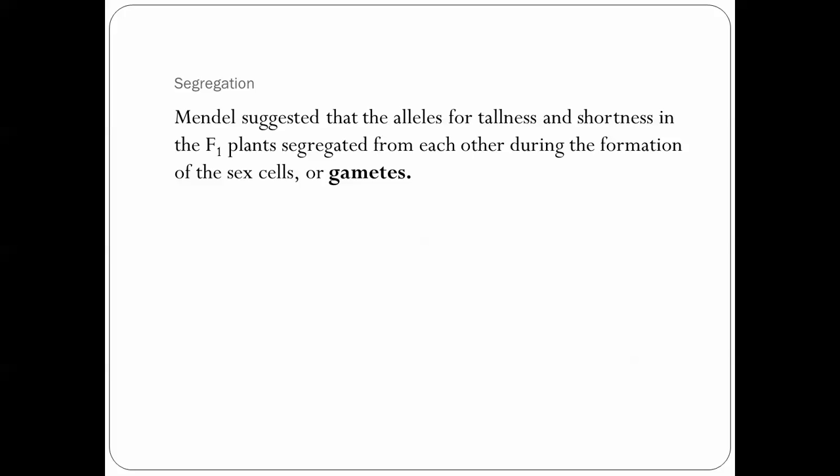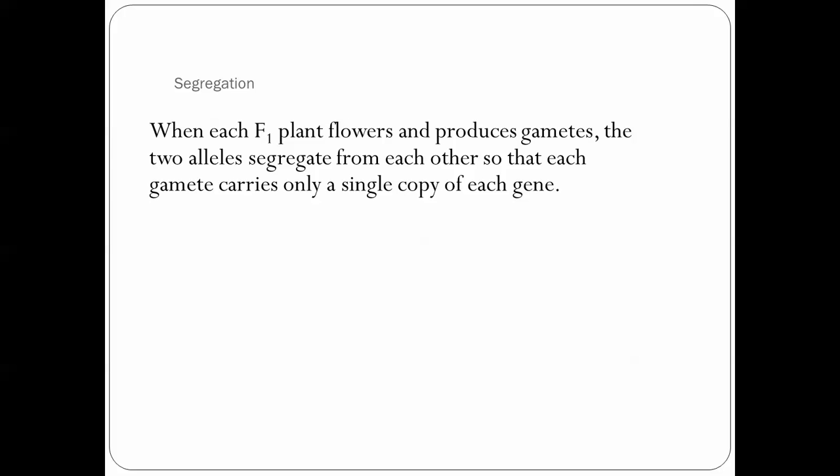Gamete is going to be a term we're going to hear a lot. It's just the term for our sex cells, the sperm and the egg. It's just a fancy way to say gametes. And when each F1 plant flowers and produces gametes, the two alleles segregate from each other so that each gamete carries only a single copy of each gene.